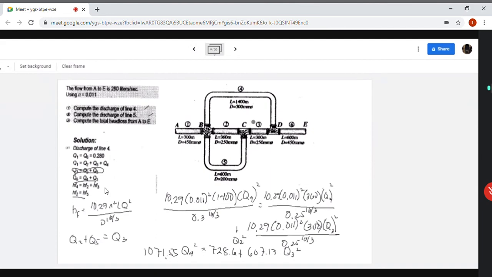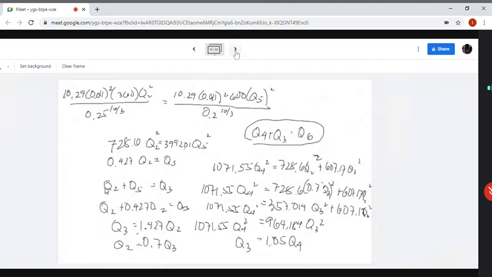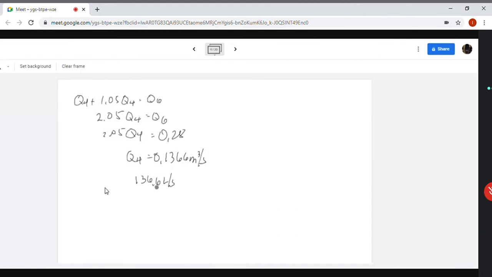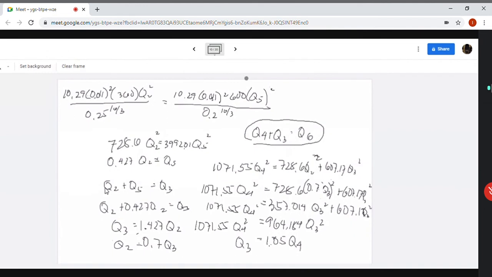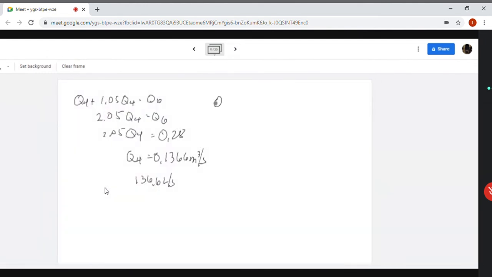We can also get discharge 3 and discharge 2. Now that we have discharge 4, we substitute it to get discharge 3. Q3 is equal to 1.05 Q4, so 0.1336 times 1.05.